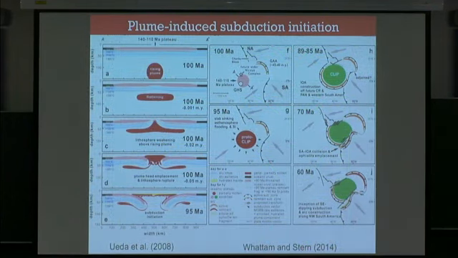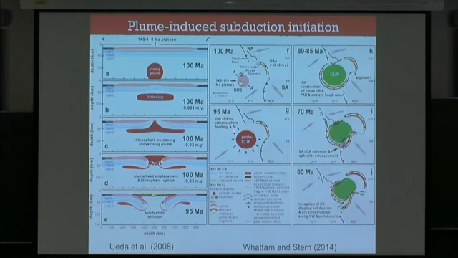However, in 2014, Scott Whattam and Bob Stern published a paper inspired by numerical models, where they see a transition from plume geochemistry towards subduction or arc-like geochemistry, and the initiation of Caribbean subduction could be related to the activity within the large igneous provinces, where, by the way, the hottest rocks were discovered among the hot spots.